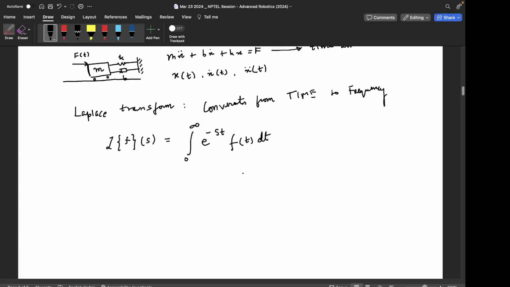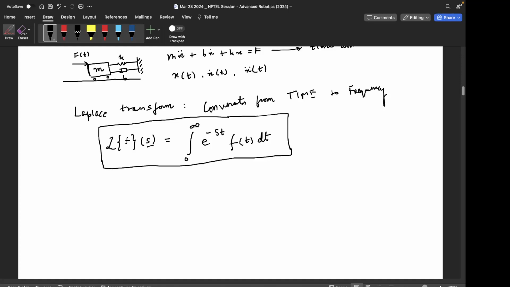Right, so this is the expression which you can use to find the Laplace transform of any given function f(t). In the time domain, the independent variable will be time, and in the Laplace domain, it will be s. So the commonly used notation is s.